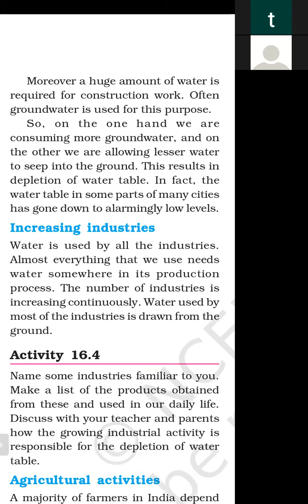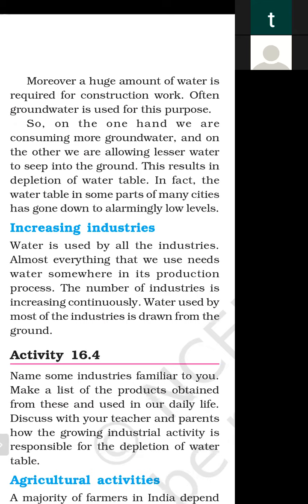The things which we use day by day are manufactured in some kind of industries or factories, and all the industries and factories need water. The number of industries is increasing continuously. Water used by most of the industries is drawn from the ground, means they are using groundwater.